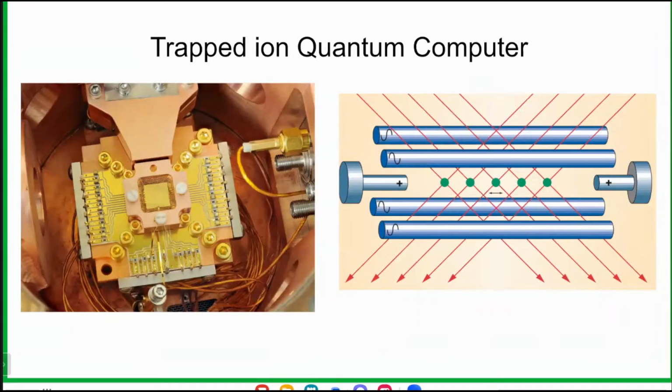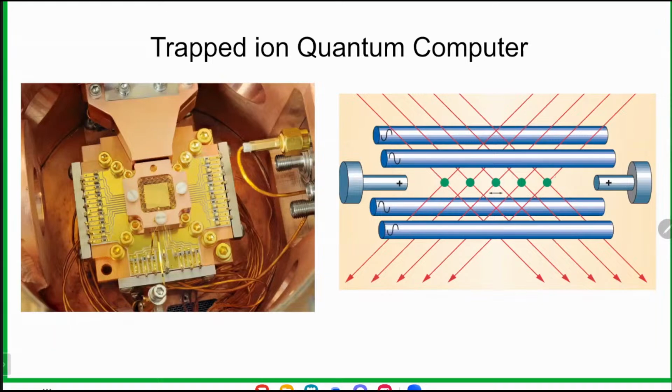The next most popular platform for quantum computing is probably the trapped-ion quantum computers. So here there are two electrodes, and a linear chain of atoms is trapped between them, and using lasers, they are manipulated.